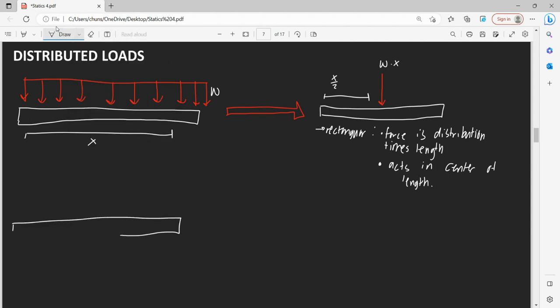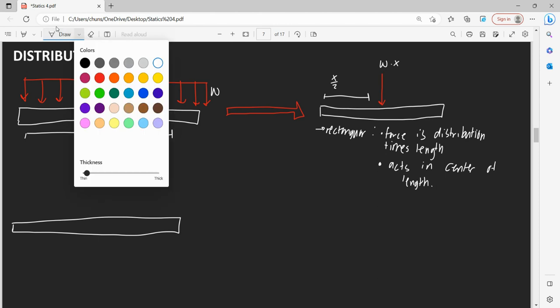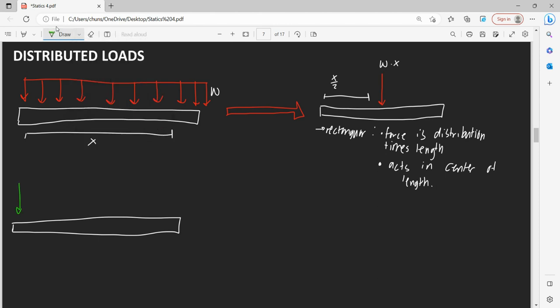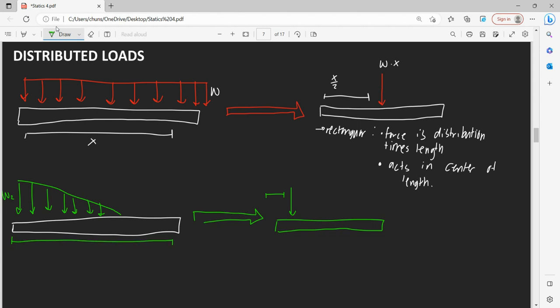Now, if we had a triangular distribution, similar to our centroids, this would also simplify down into one force, which acts at, so if this whole thing was x, this will act at a third of x.